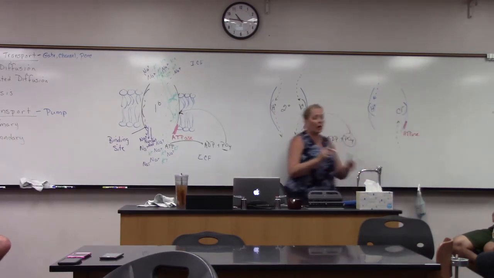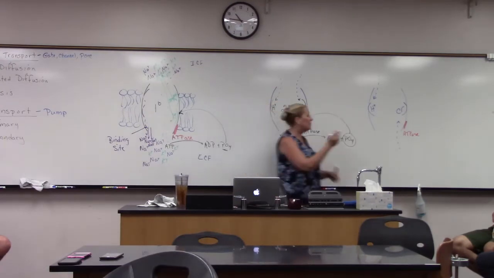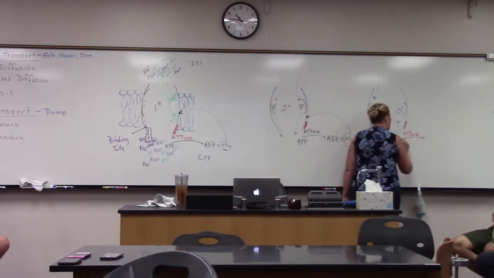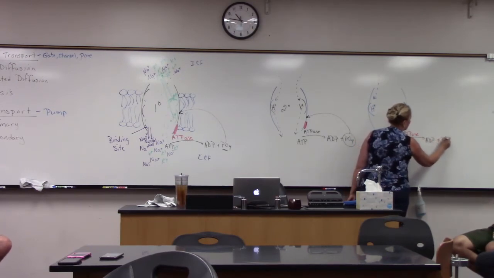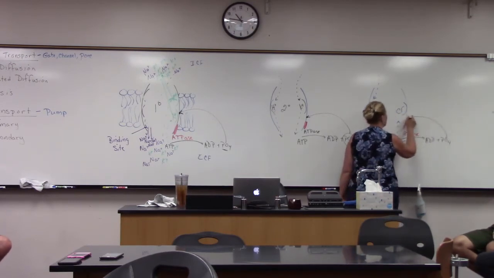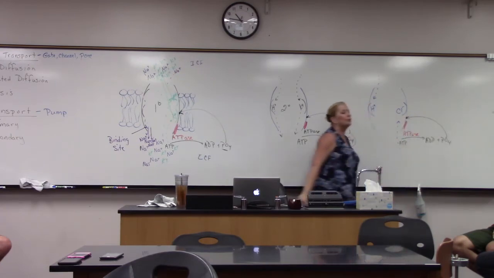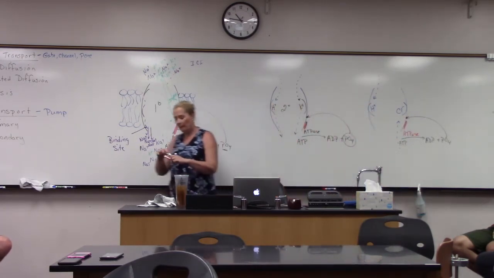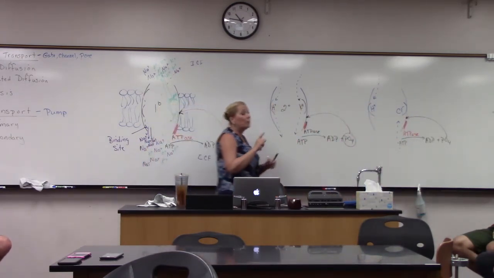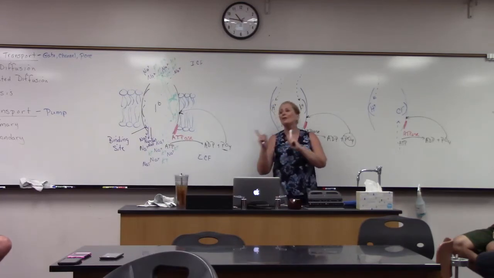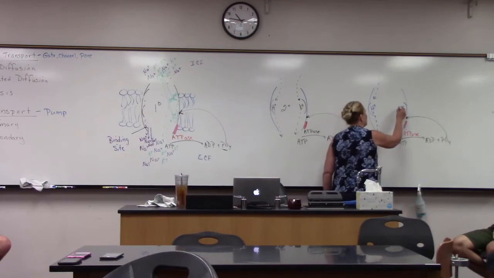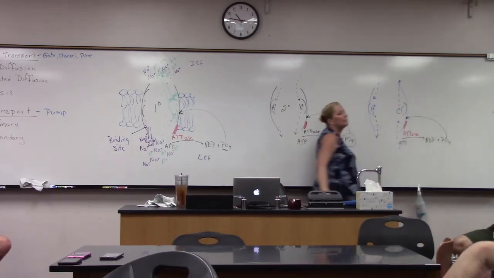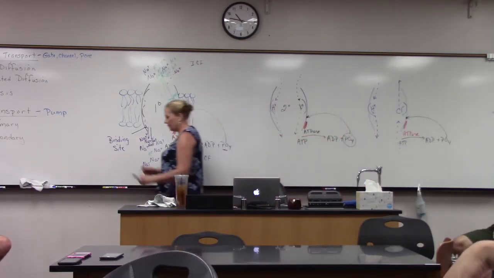And as soon as our hydrogen and our chloride bind, we're going to break our ATP apart into ADP plus our usable phosphate, which is going to change the shape of this pump. But this time, we're going to pump them both at the same time, just in opposite directions. So the hydrogen is going one way, and the chloride is going in the opposite direction.